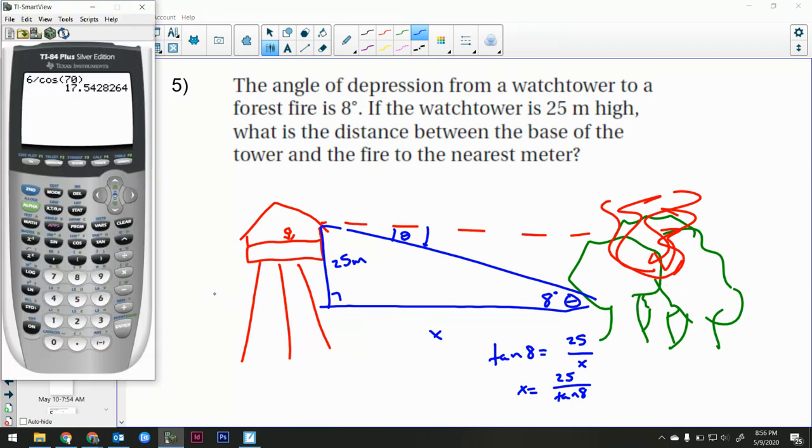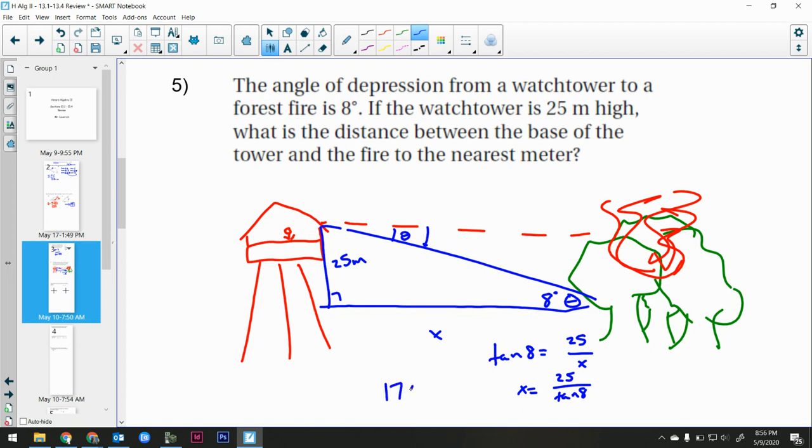Okay, let's go to my calculator and plug that in. 25 divided by tangent 8 degrees. Just make sure it seems logical. Right? Yeah, this does seem logical. 178 meters to the nearest meter. Okay. All right.